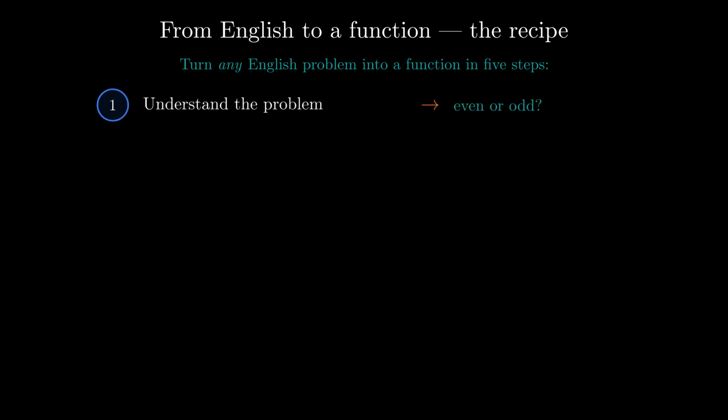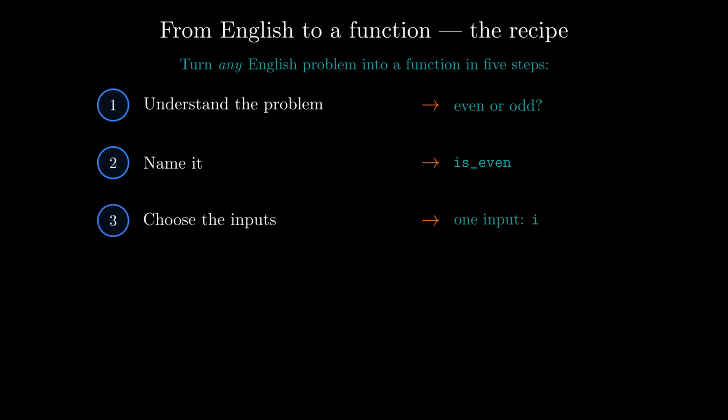That whole process generalizes. Here is the thought process for turning almost any English problem into a function. First, understand the problem. Ours: given an integer, decide whether it is even or odd. Second, name it. Choose a descriptive, action style name, isEven. Third, choose the inputs. We are handed a single number, so one parameter is all we need.